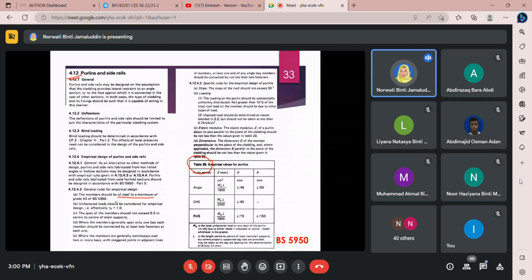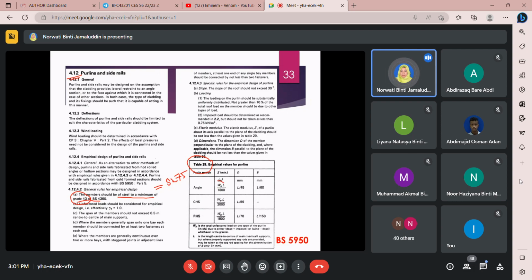The steel grade should be grade 43, but 43 is the old term. 43 is equivalent to S275. And then we use unfactored load to do the analysis.